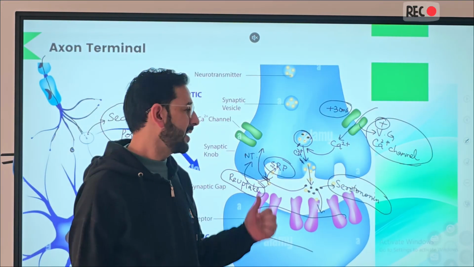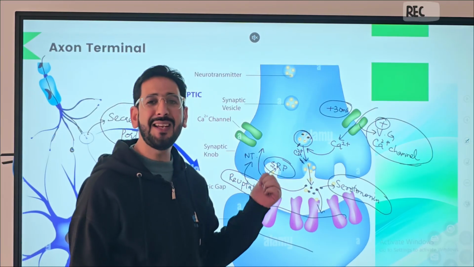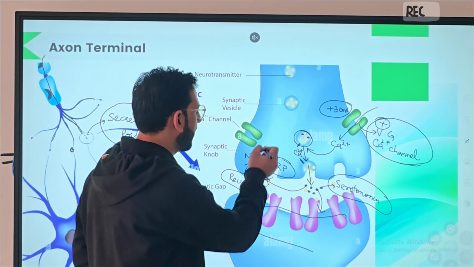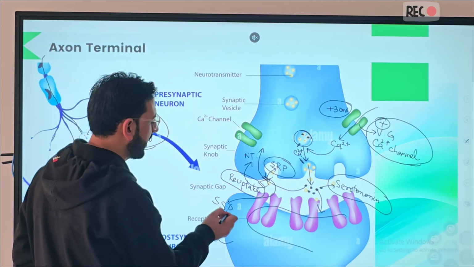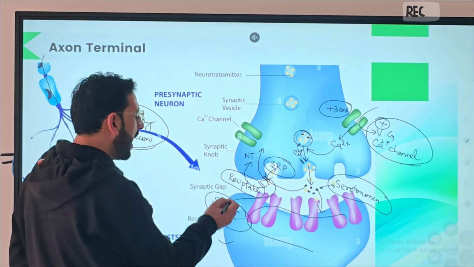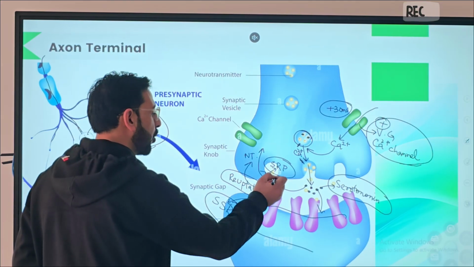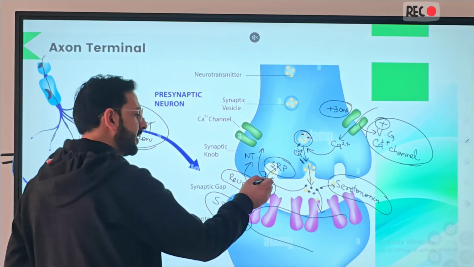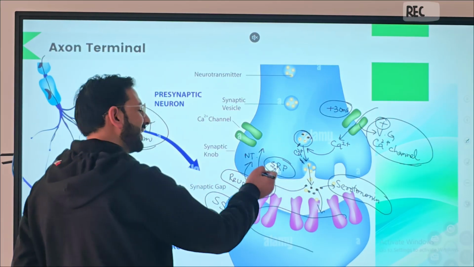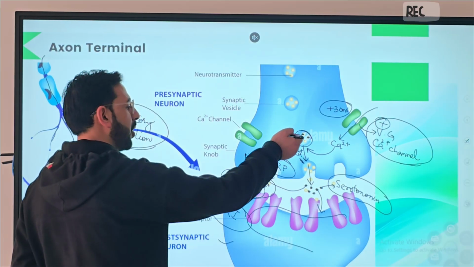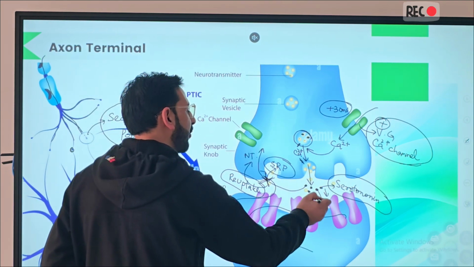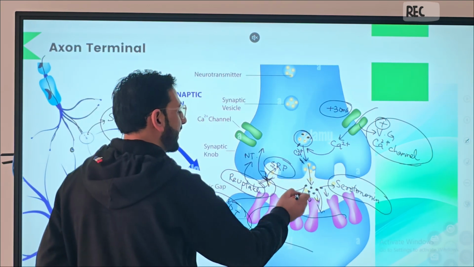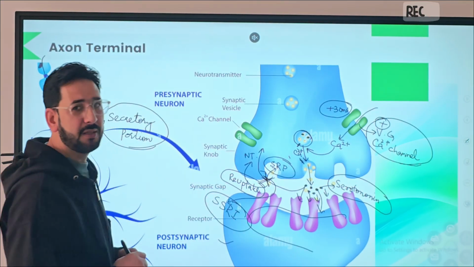We call them selective serotonin reuptake inhibitors. They inhibit this protein here, and when they inhibit this protein, we are not taking this serotonin back into the neuron. So what does that mean? This serotonin is going to be here for a longer duration and make its effect on the postsynaptic neuron.